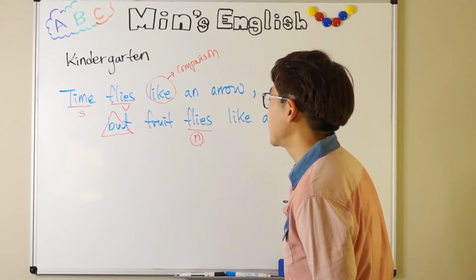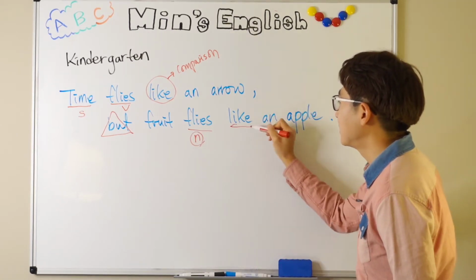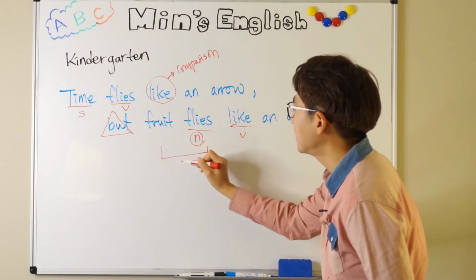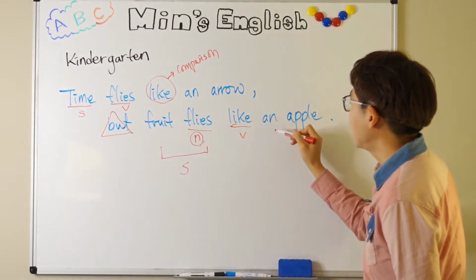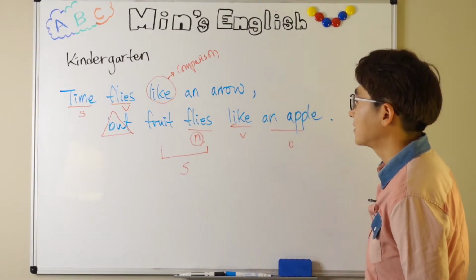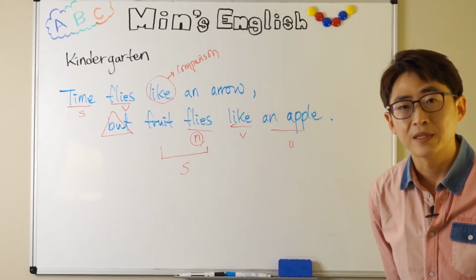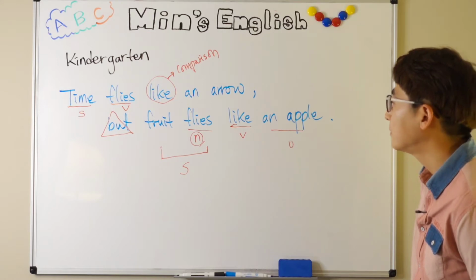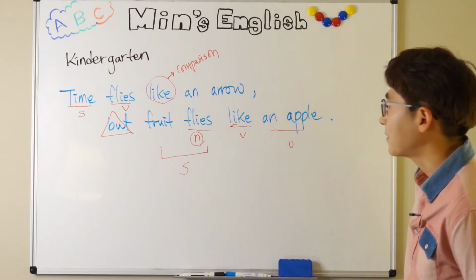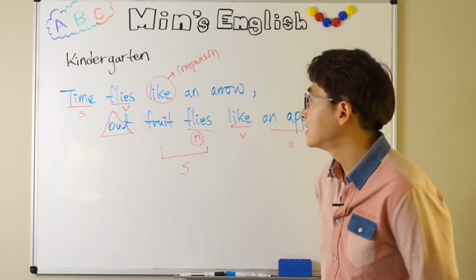So fruit flies, like, this is the verb, and this entire thing is the subject, and this is the object of the sentence. So fruit flies like an apple, not fruit flies like an apple. So you have to find out the difference between these two sentences.